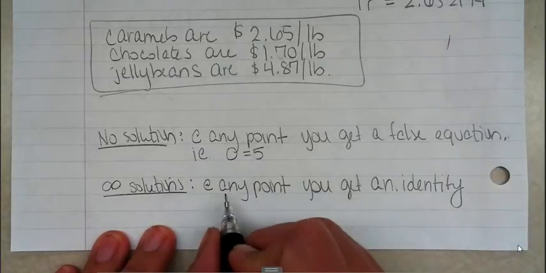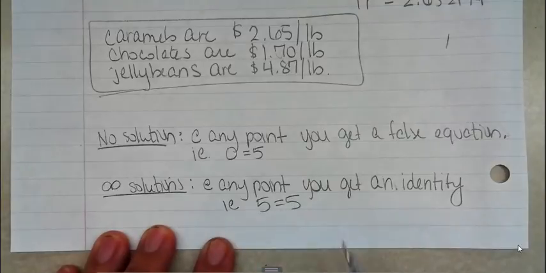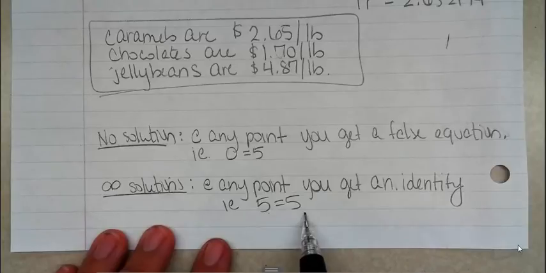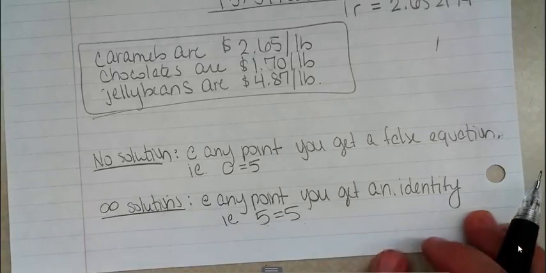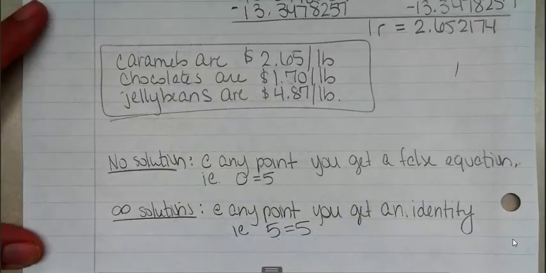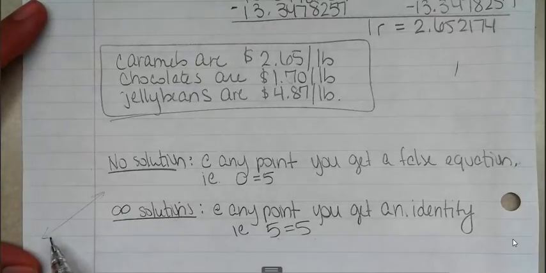For example, maybe it's 5 equals 5. Any true statement like that, where something equals itself, tells you that you have infinitely many solutions. That means the 3 planes represented by the 3 equations are intersecting in a line. And as you know, a line goes on forever in both directions, so every single point on that line is going to be a solution.